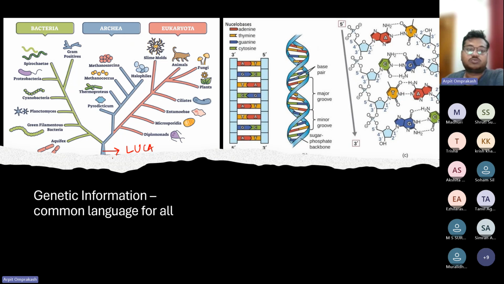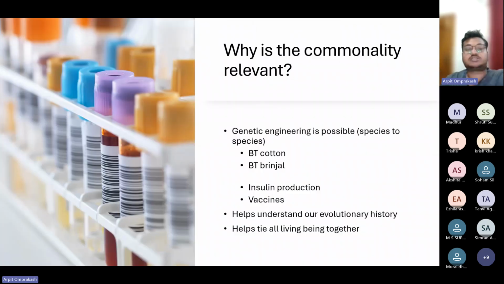Right. So what this basically means is that we can do things like genetic engineering. A piece of DNA is basically a set of instructions written to create a protein or some kind of product, right? Substrate or product.